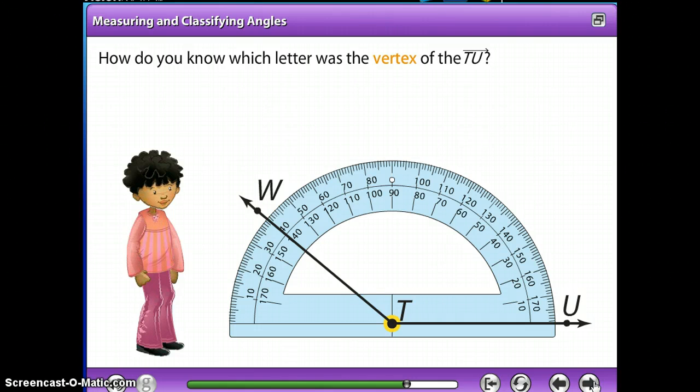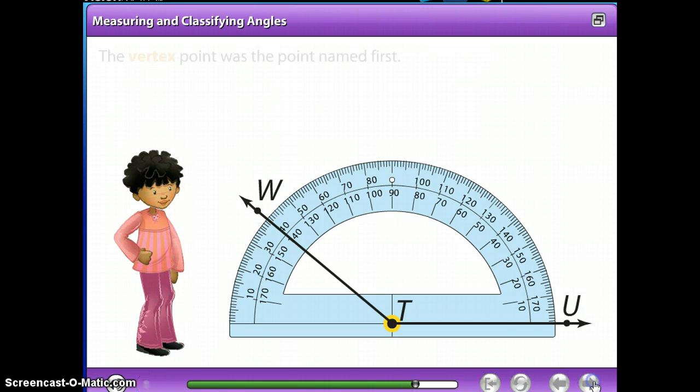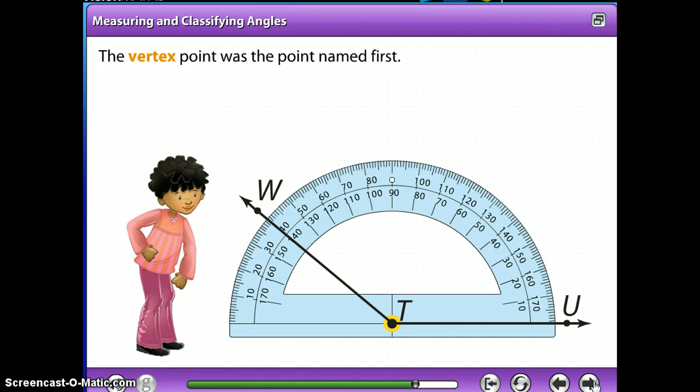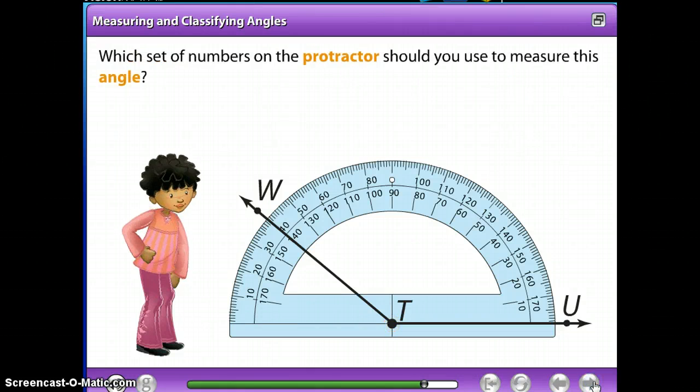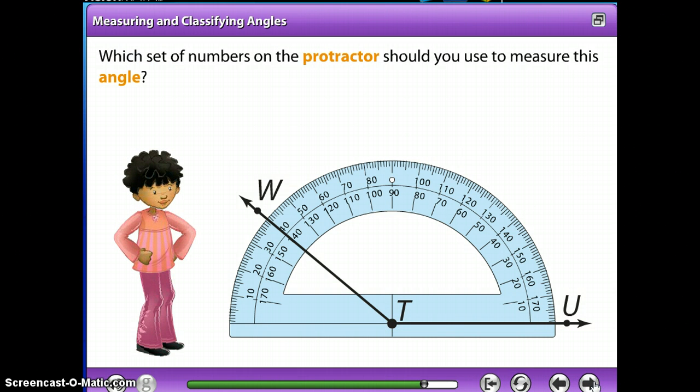How do you know which letter was the vertex of the ray TU? The vertex point was the point named first. Which set of numbers on the protractor should you use to measure this angle? Which set of numbers did we use to measure that angle?